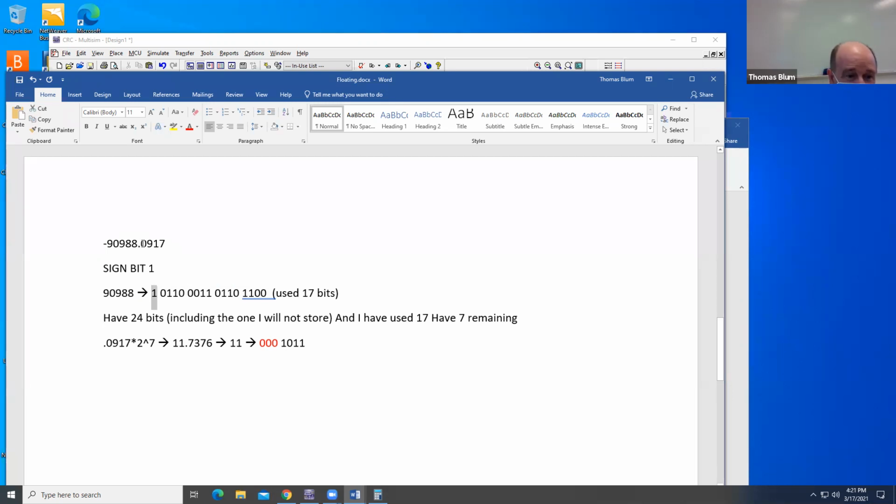Now, what was my fraction? My fraction was 0.09. The first place is a half. That was less than a half, so that makes sense. The next was a quarter. The 0.091 is less than a quarter, so that makes sense. And the next one is an eighth, and that's 0.125, and this is less than 0.125, and so that was a 0.